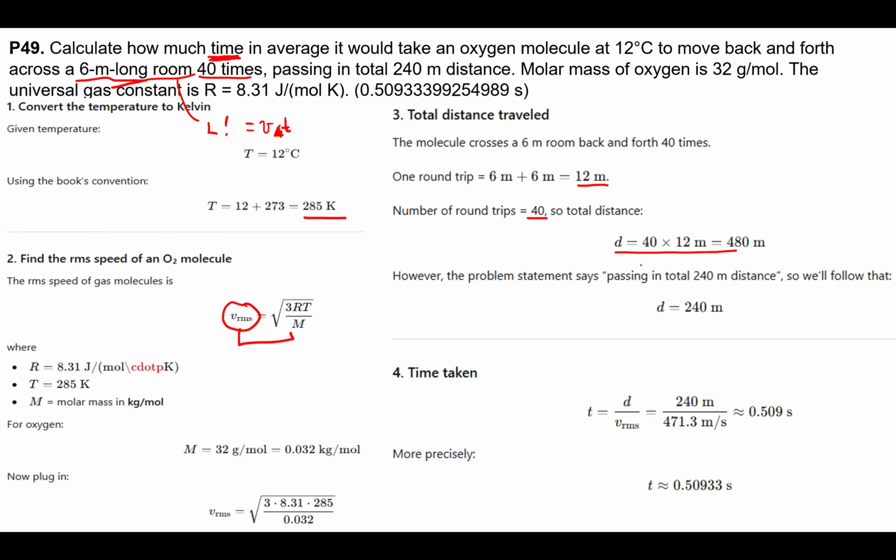However, the problem statement says the total distance is 240 meters, so we get 240 meters divided by this velocity. There is something wrong with that, but the important thing is the distance. The distance is given, the velocity is known, and then we find the time. Okay, thank you.